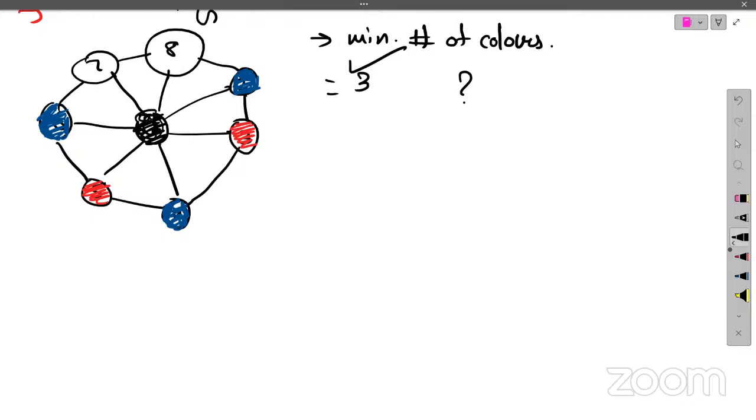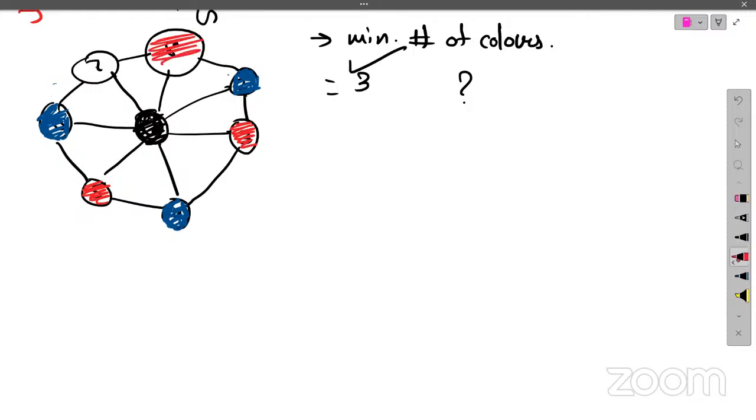4 only, right? Because we cannot use black for 7 and 8, because they are connected to vertex number 1. We cannot use blue either, because they are connected here. So we need red.